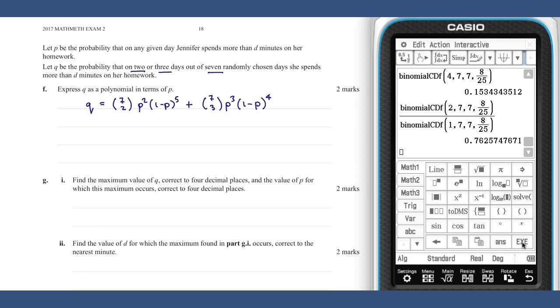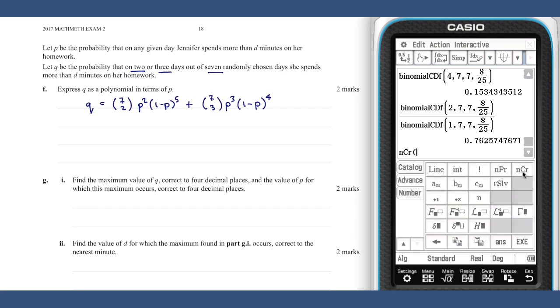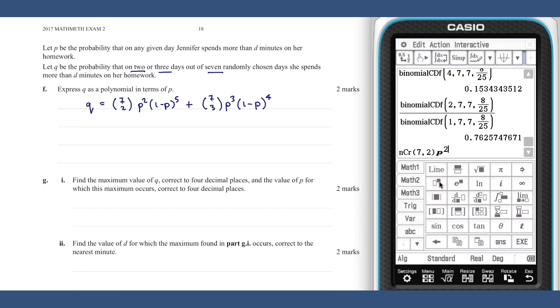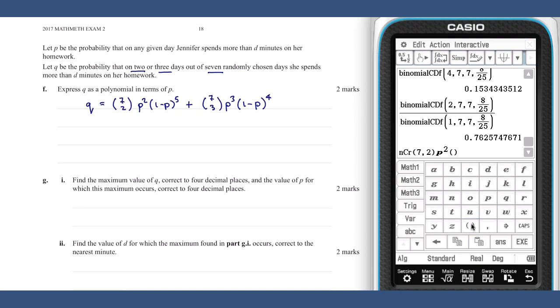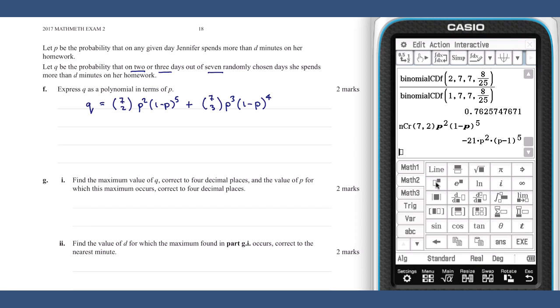The combinatorial choose command can be found under the advanced keyboard. That provides us with the first term in our polynomial.